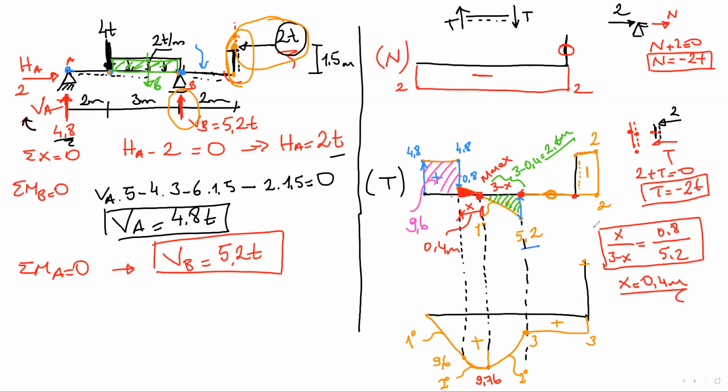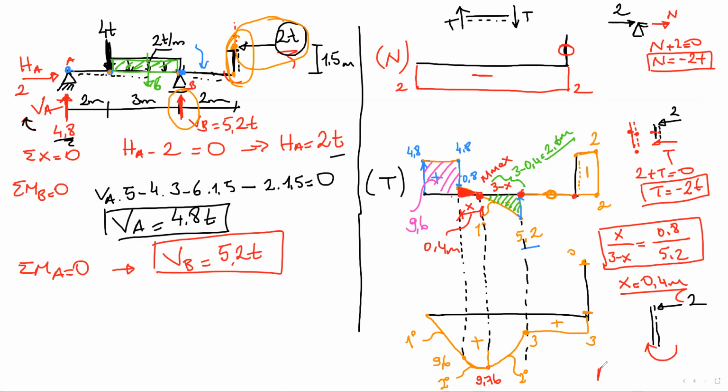If you are not sure, the moment at this point is 0. There is no load over this column, so cut the system from here and calculate the moment. Cut the system. We have 2 here, the positive moments.